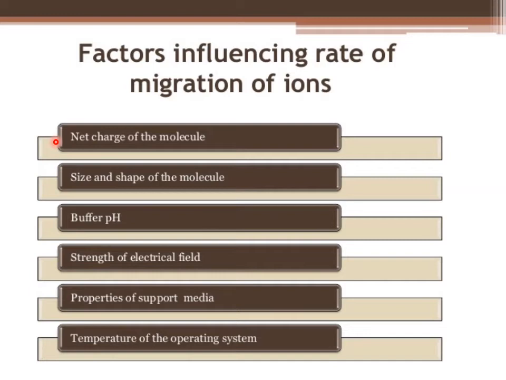At some other pH, the protein will have less positive net charge. At some other pH, the protein may be negatively charged, and the magnitude of charge may also vary. So one important factor influencing the rate of migration is the net charge of the molecule. Greater the net charge of the molecule, more is the rate of migration.